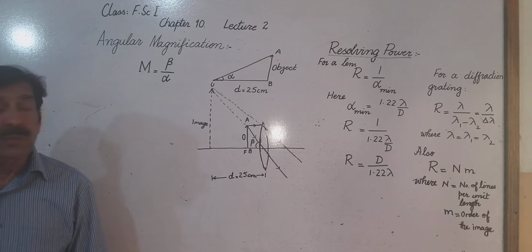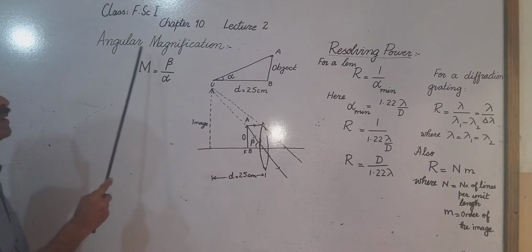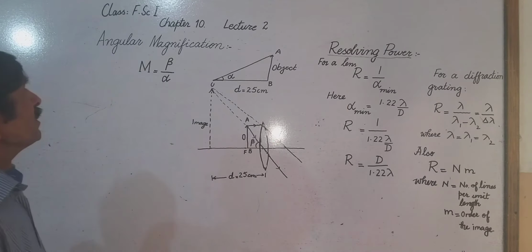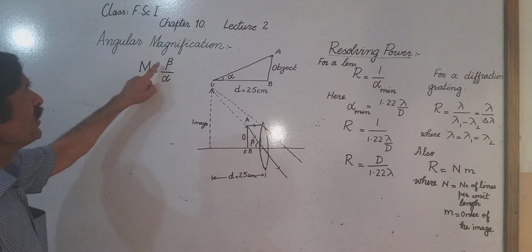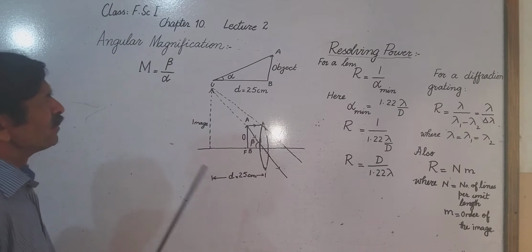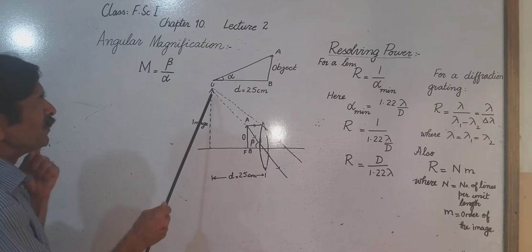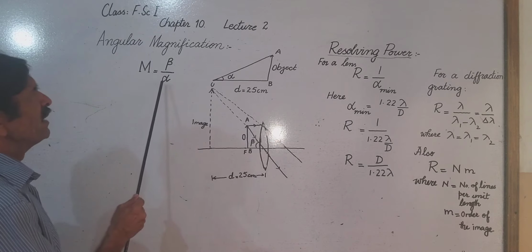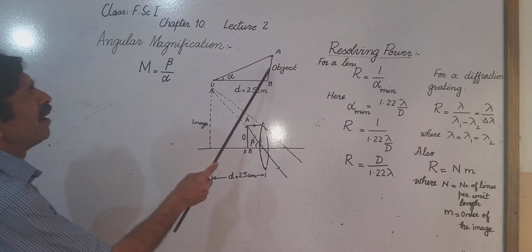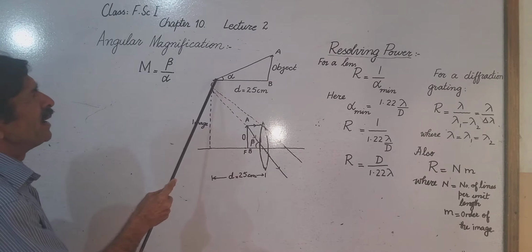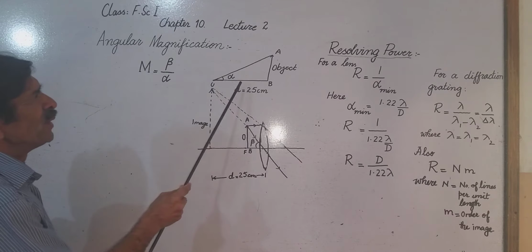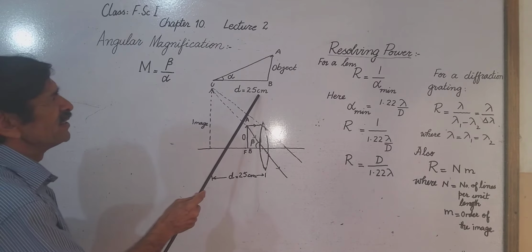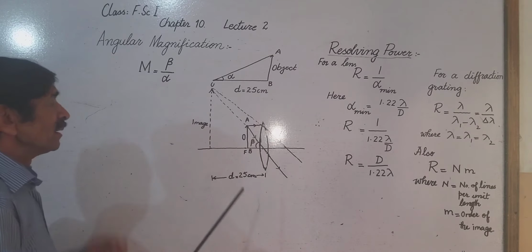First of all, we are going to discuss angular magnification. Angular magnification is defined as the ratio of the angle subtended by the image at the lens to the angle subtended by the object at the eye when the object is placed at the least distance of distinct vision.